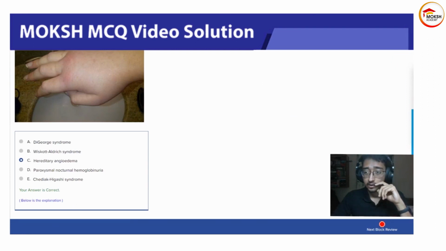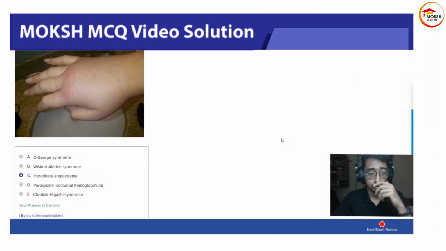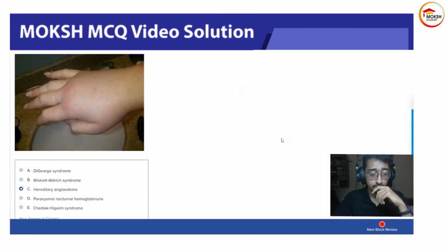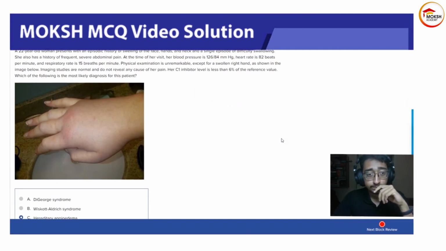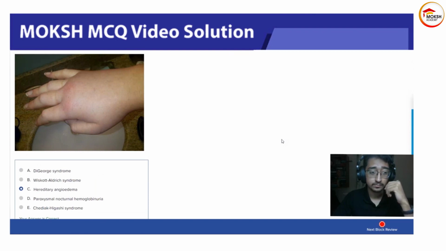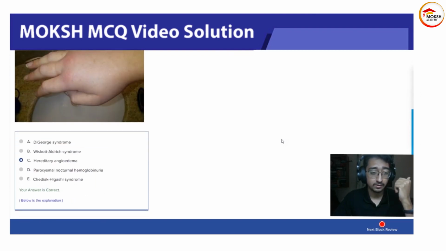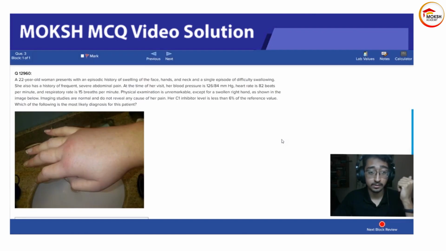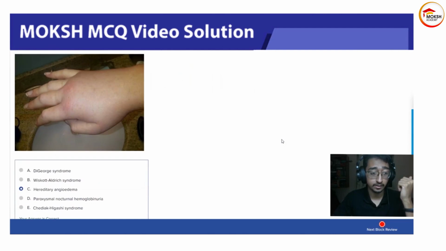Okay, now let's look at other options. What do other options say? Okay. George syndrome. I don't even know what to say. I mean, it's so obvious that it's hereditary angioedema. Okay. Let's see, why is it not George syndrome?